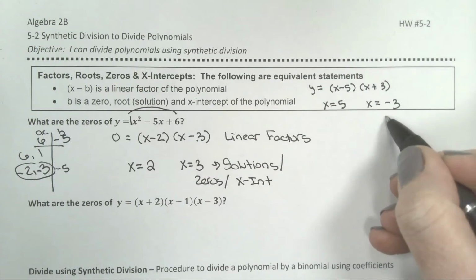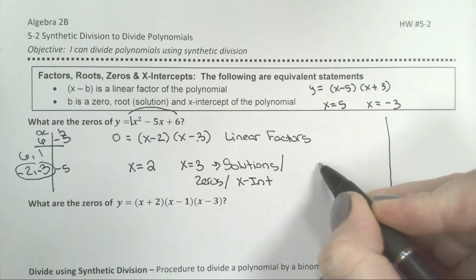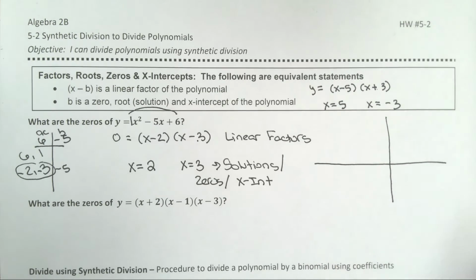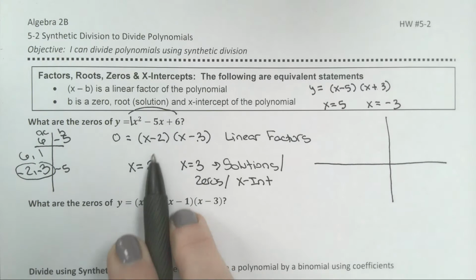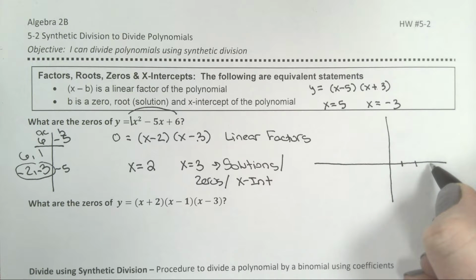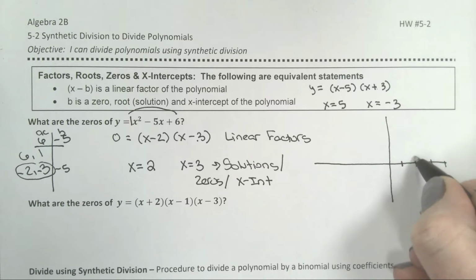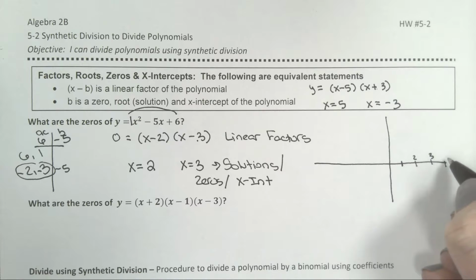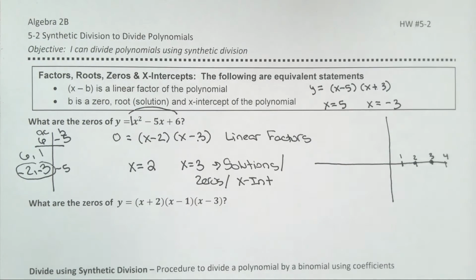All right, so just to give you a visual, since we've been graphing, it'd be probably helpful to see what it is. So that means my graph crosses the x-axis, 1, 2, 3, 4, right here at 2 and right here at 3.